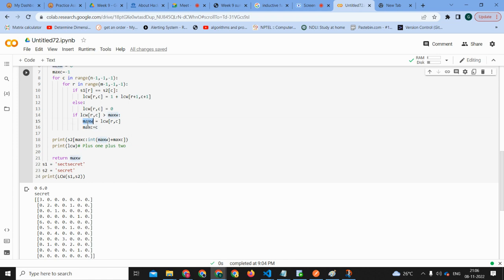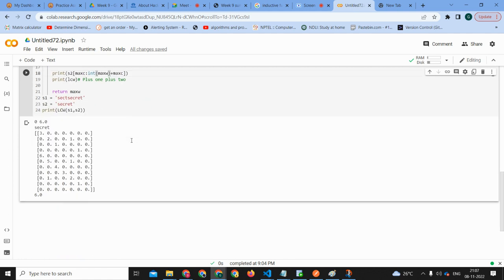So that means we know the maximum word length, which is 6. What are we doing? We're just taking the maximum, whichever column it's starting from. So here it is 6, starting from here until 6 points, max C colon.